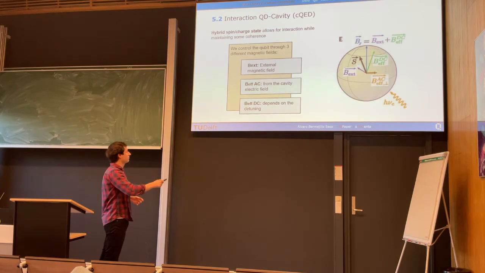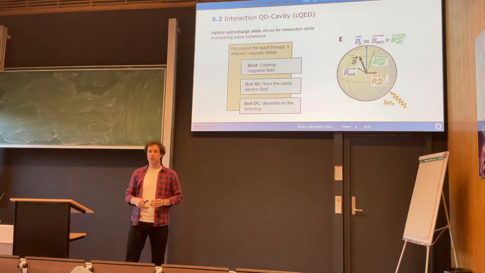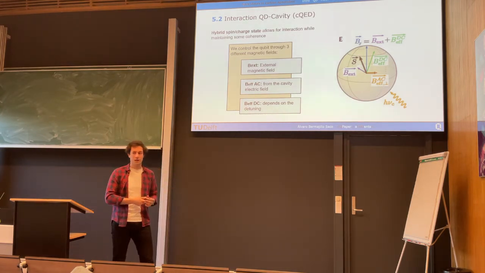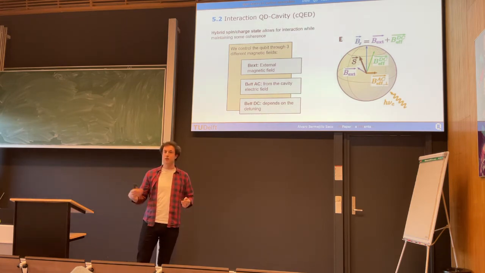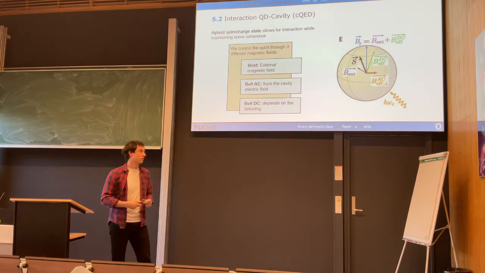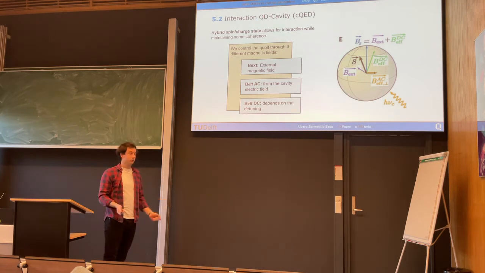So we have 3 different things that will change the state of a qubit, as we saw in quantum hardware, the ones that you use to do it. This has something to do with NMR, where you have a magnetic field that oscillates in time, and with that you can change the state of your qubit. And we have 3 different sources of magnetic field. One is just an external magnetic field that you can turn on.